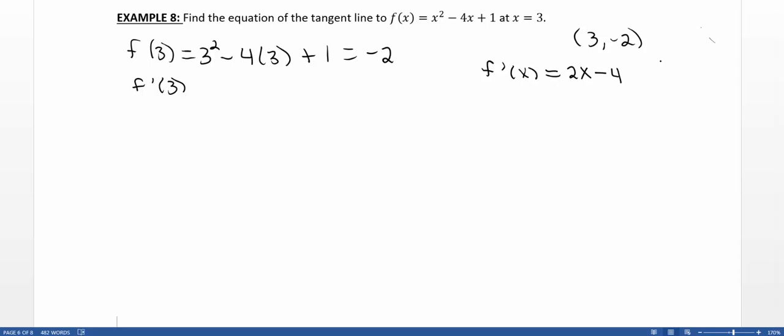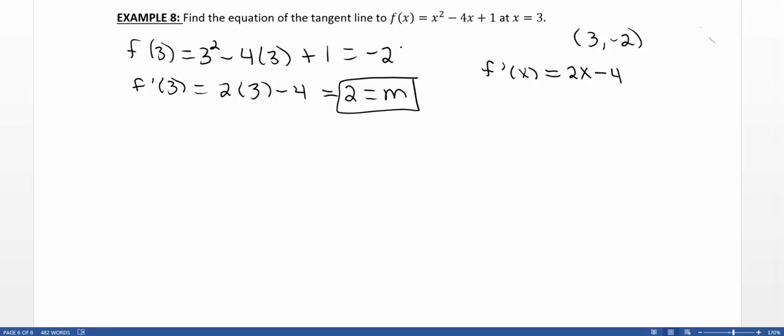So f prime of 3 means that I'm plugging a 3 into my function. I have 2 times 3 minus 4. 2 times 3 is 6. 6 minus 4 gives me 2. Remember, that's the slope of the tangent line, right? The derivative tells us the slope of the tangent line.